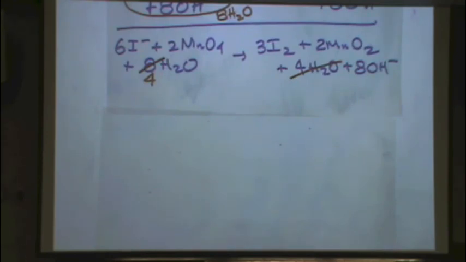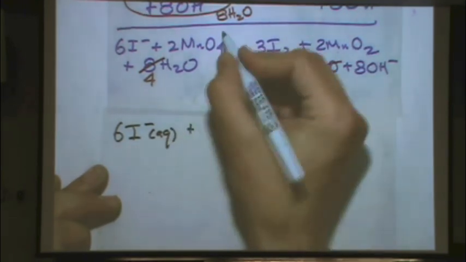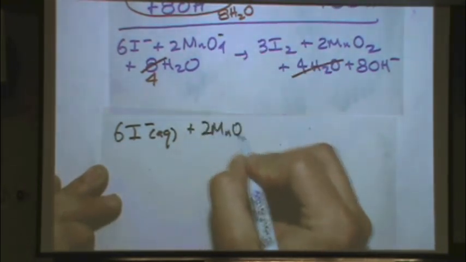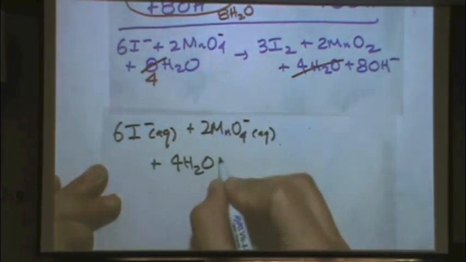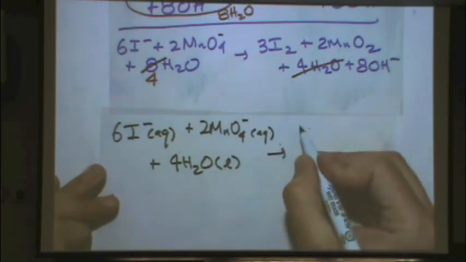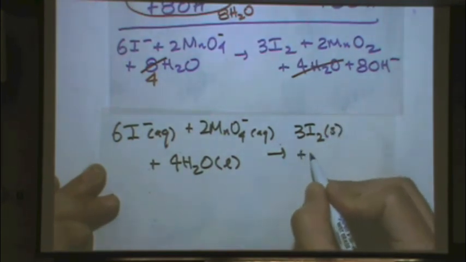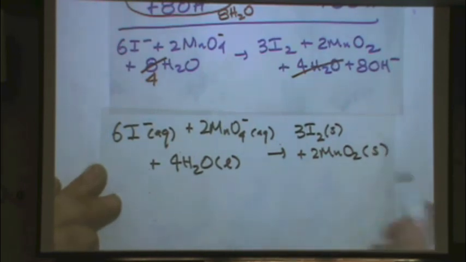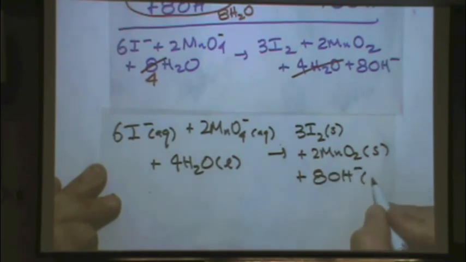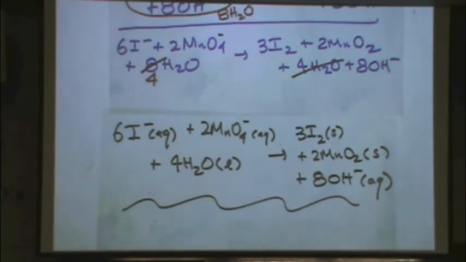We've got 6I minus, that's aqueous because it's an ion, plus 2 permanganate ions, that's an ion so it's also aqueous, plus 4 waters, water's a liquid, and that goes to 3I2, iodine diatomic is a solid, plus 2MnO2, this you probably have to be given, but it's a solid, plus 8 hydroxides, and that's aqueous because it's an ion. And now I have my basic conditions answered.